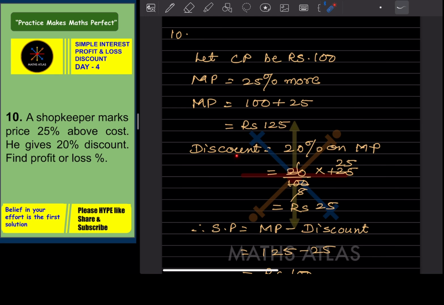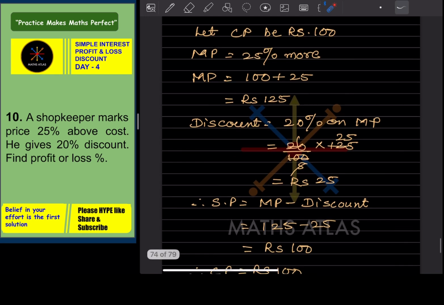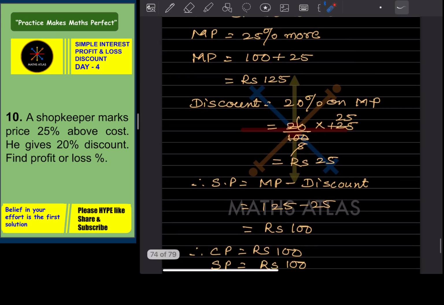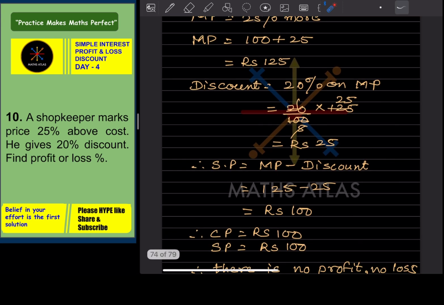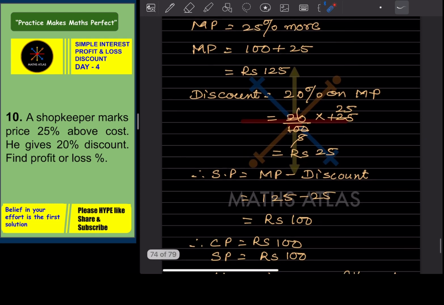Now the discount is 20% on the mark price, because he gives 20% discount. So this 20% means 20 divided by 100 and the mark price we got as 125. After simplifying this, we get the discount as rupees 25. We want to know whether it's a profit or a loss. First, we'll find the selling price.